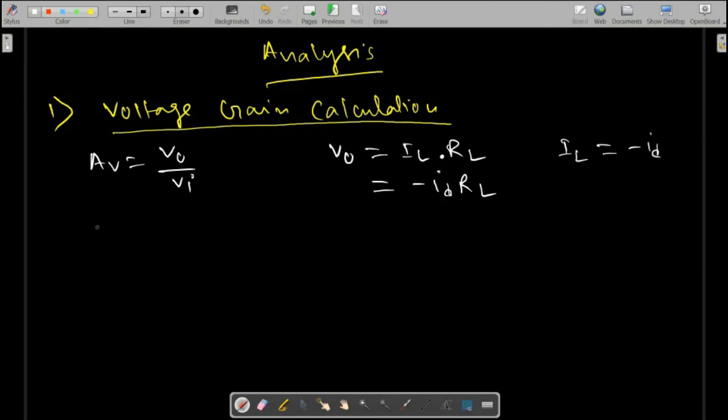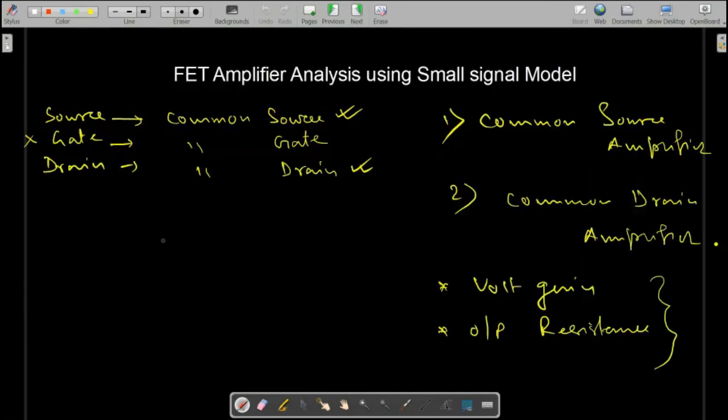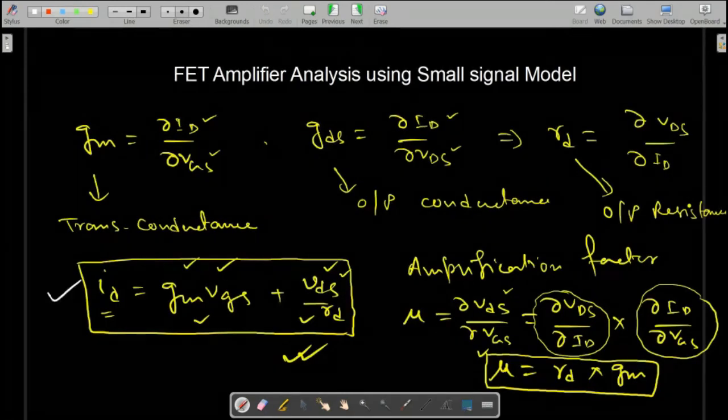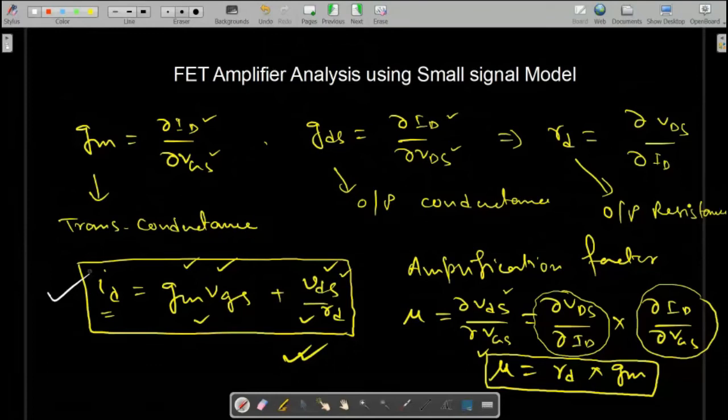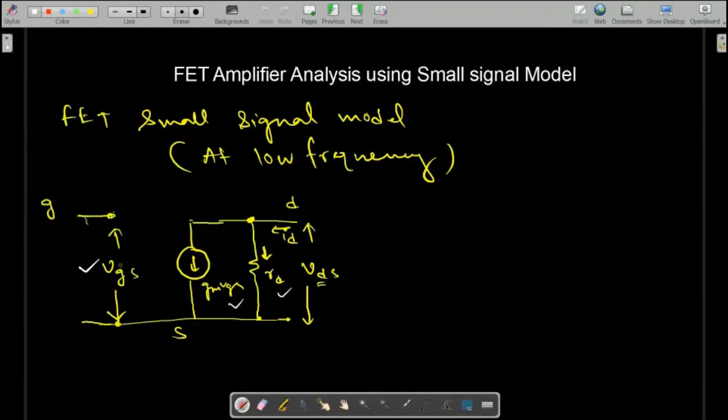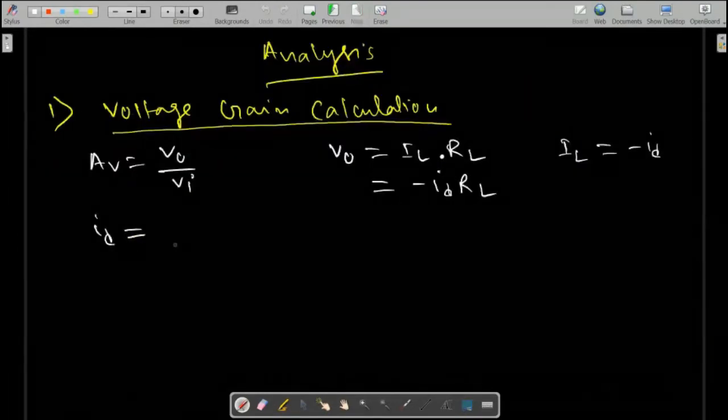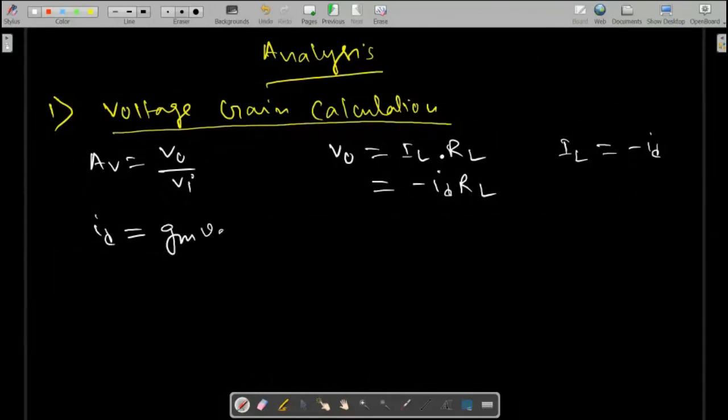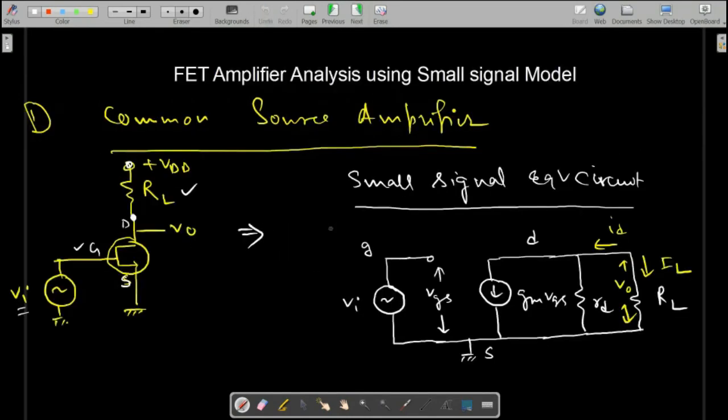Now, actually, what is ID? Just take a look. We know the formula of ID. Just check. We have ID equal to gm VGS plus VDS by rd, like that. This is the value of ID. Okay, we got ID from the equation.